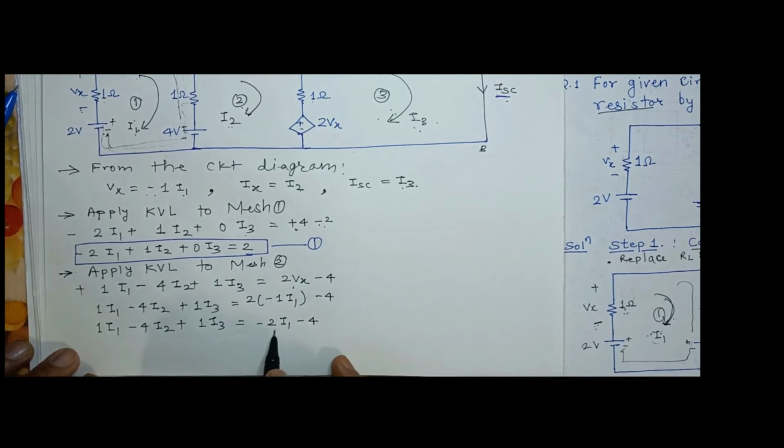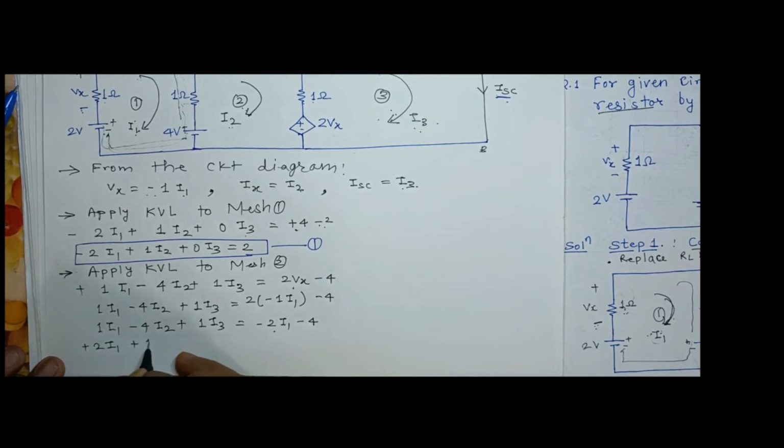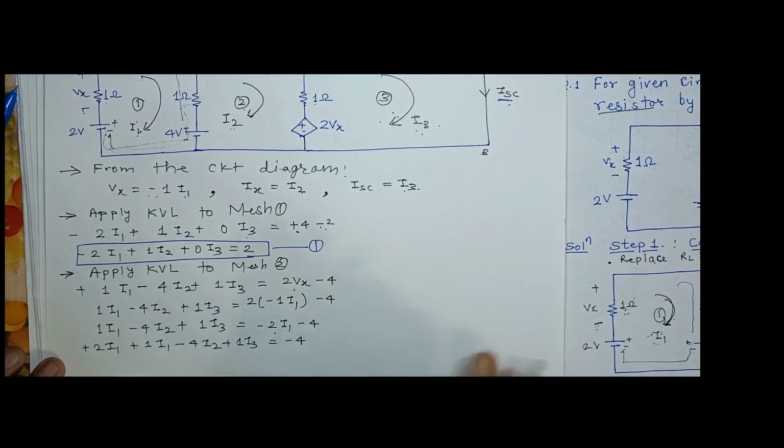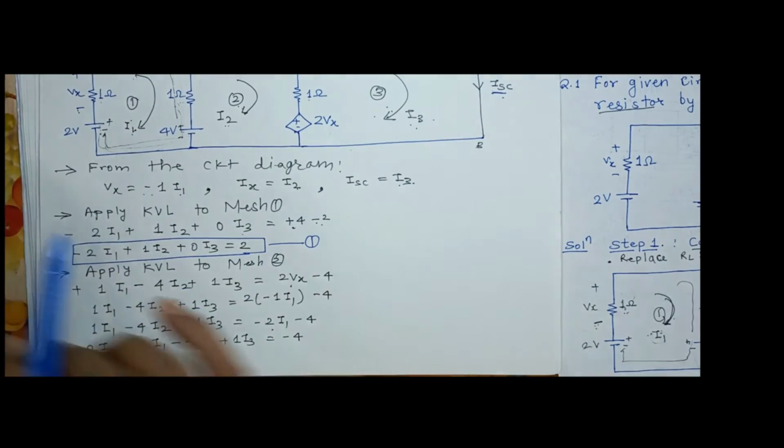So I will shift this minus 2 I1 to the left hand side. So it is plus 2 I1, so plus I1 minus 4 I2 plus 1 I3 equals minus 4. And then I will write this equation on this side.